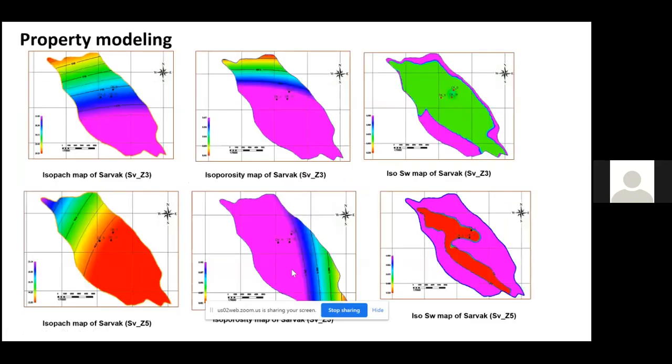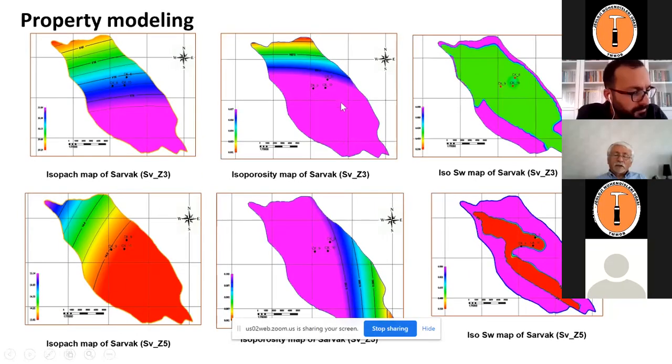The main problem of this field was we had only 3 wells, and these wells are close together and not distributed across the field. So from the geostatistics point of view, it's impossible to understand how the property changes across the field.